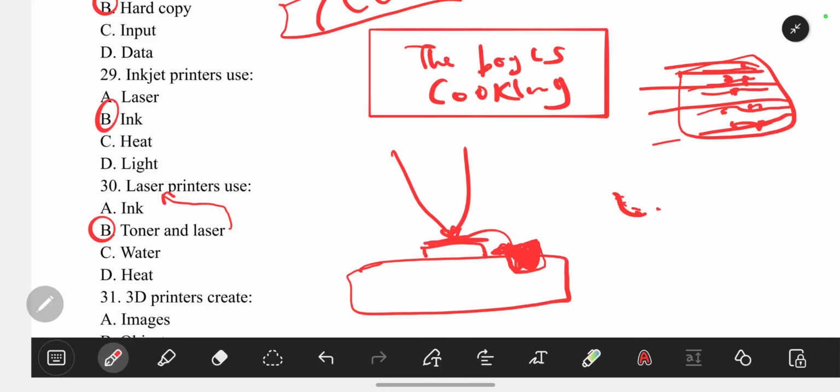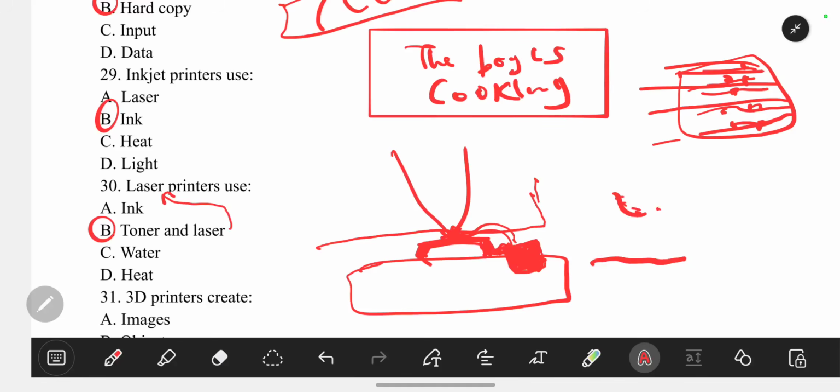When it is on that paper, a heat fusor melts the toner, so that it is in a bit of liquid form and stays on that paper. This is more like dried ink. When it dries there, it is able to paint parts of the paper.